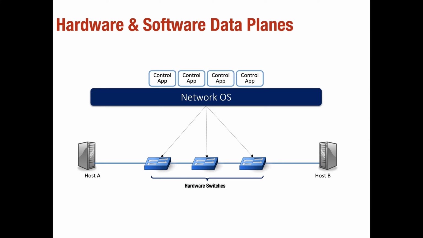So the data plane can be hardware as well as software, right? So the blue ones that you see are obviously switches. These are hardware switches. These are based on application-specific ICs or integrated circuits, ASICs that we call, and these are custom designed for packet forwarding.